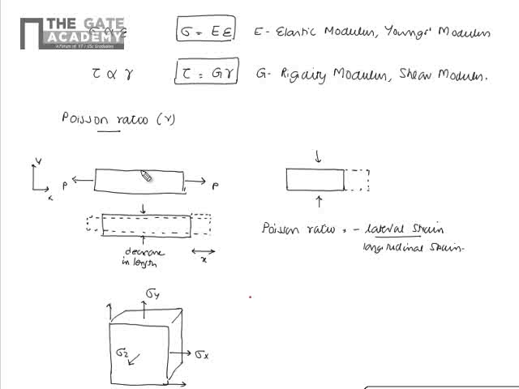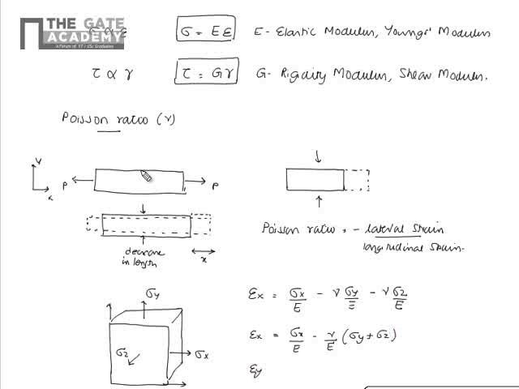Then we can say the strain in x direction can be given as sigma x by E minus nu times sigma y by E minus nu times sigma z by E, or this can be written as sigma x by E minus nu by E into sigma y plus sigma z.